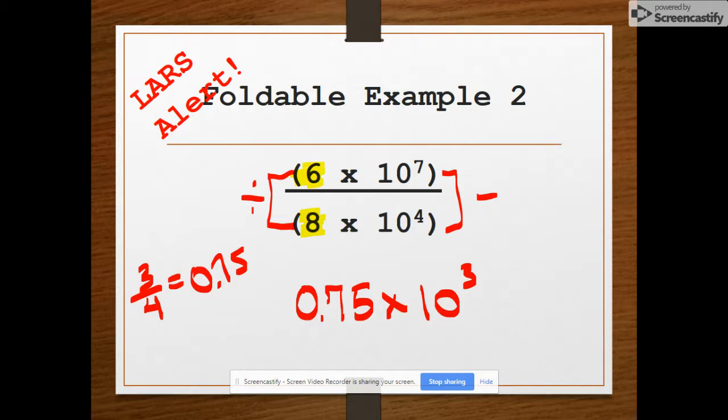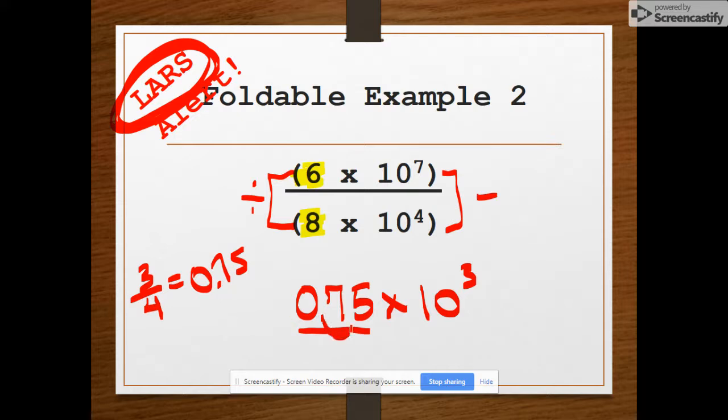Again, I cannot leave my answer this way because 0.75 is not in proper scientific notation. So again, we're going to take a look back up here to LARS. And remember that LARS stands for left, add, right, subtract. When I take a look at my decimal, I can see that this time if I move it to the left, I'm going to get an even smaller number.